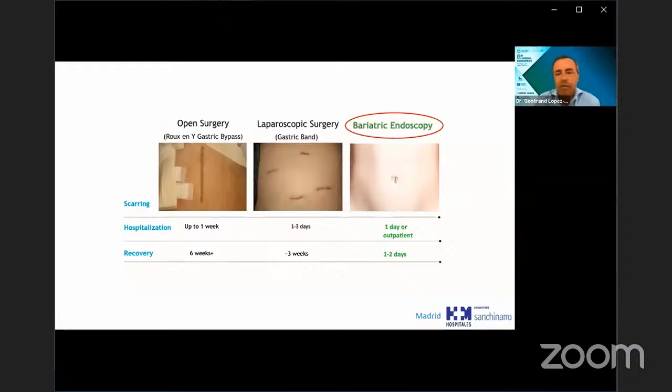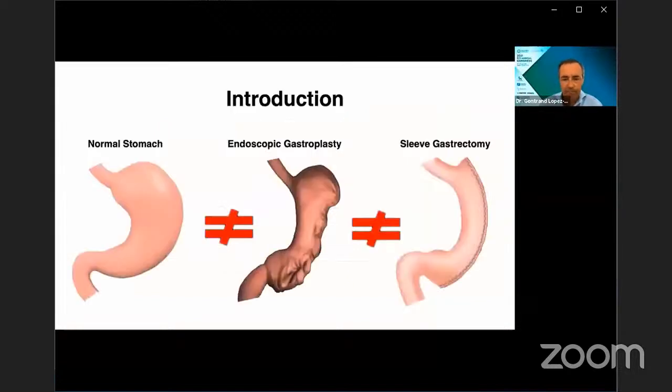In order to do this, we have to think a little bit the way patients do, not only thinking of effectiveness and safety, which is very important, but also because in that way, we will increase the number of treated patients. For example, patients think about scarring, hospitalization time, and recovery time, and thinking of this, bariatric endoscopy is a very, very useful treatment for them.